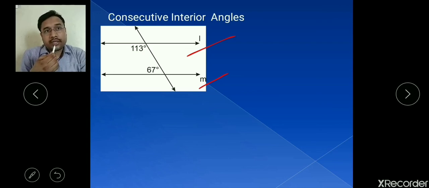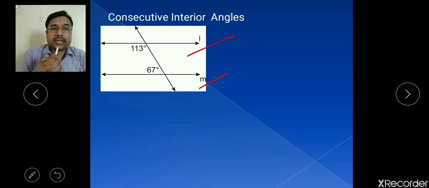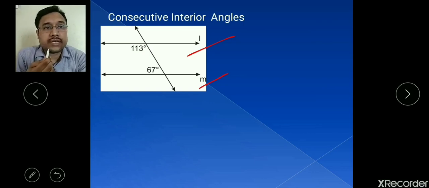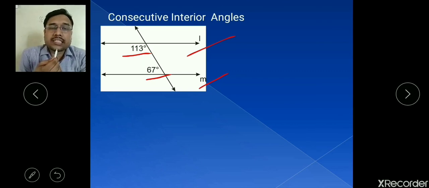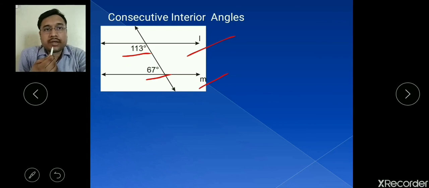And both are lying on the same side of the transversal. That's why it is said consecutive interior angles, and their sum is 180. Here you can see if you add these two angles 113 and 67, it will come 180. So consecutive interior angles are supplementary, because their sum is 180 degrees.